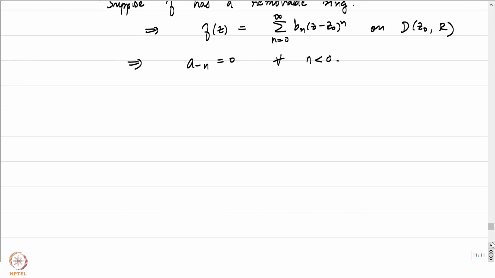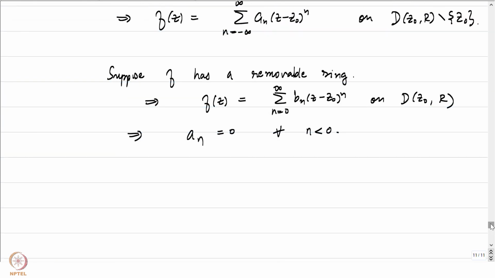If you backtrack along the same steps, and assume that for all n less than 0, a_n is equal to 0, then f will have a power series expansion and can be thought of as a function on D(z0, R) rather than on D(z0, R) minus z0, and therefore z0 will turn out to be a removable singularity.